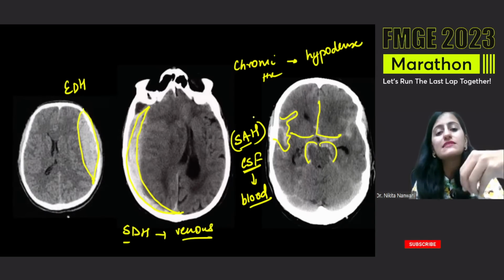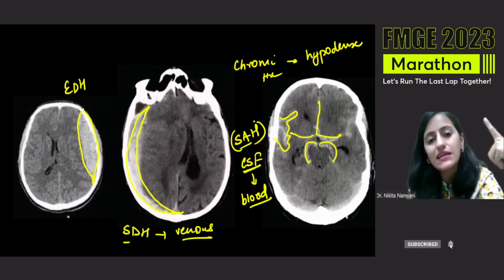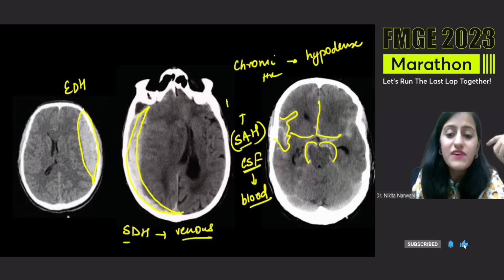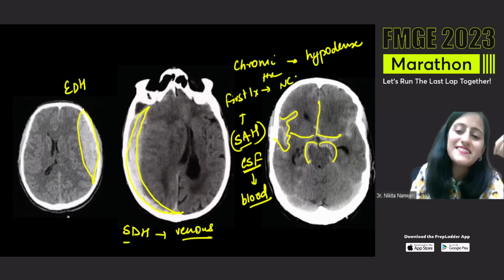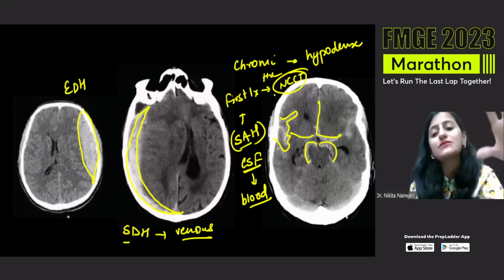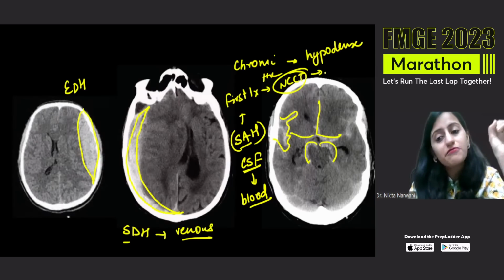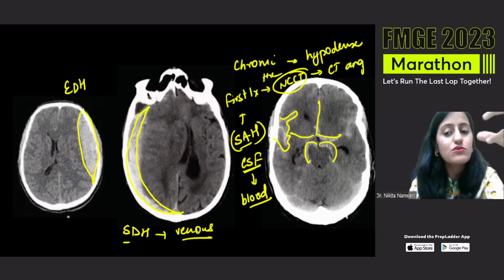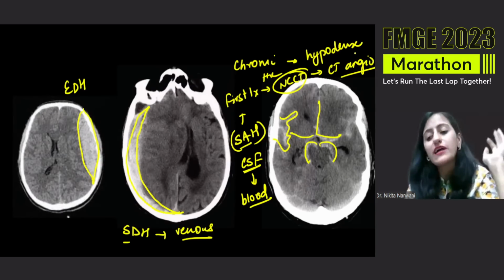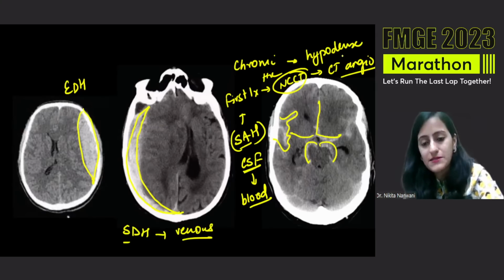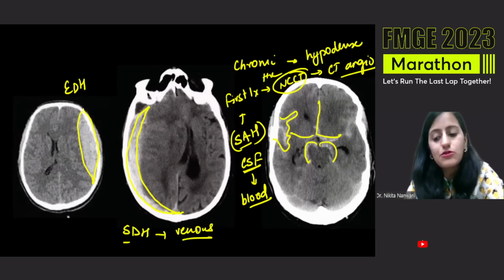The patient will present with thunderclap headache, worst headache of life. What is the first investigation that we should do in subarachnoid hemorrhage? It is non-contrast CT. Further to evaluate, then we can do CT angio to look for the aneurysm. So this is subarachnoid hemorrhage, right?